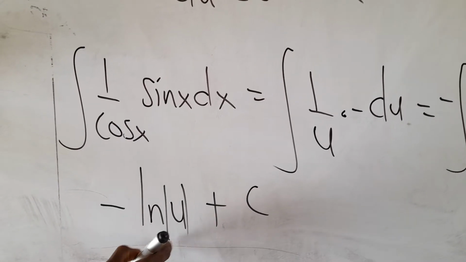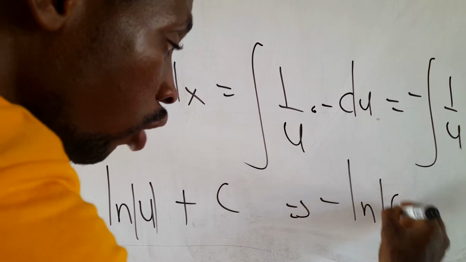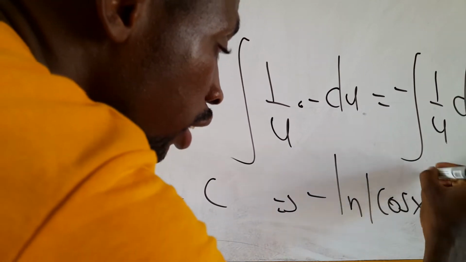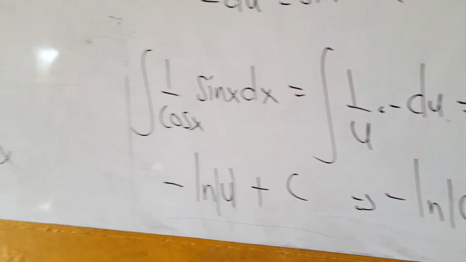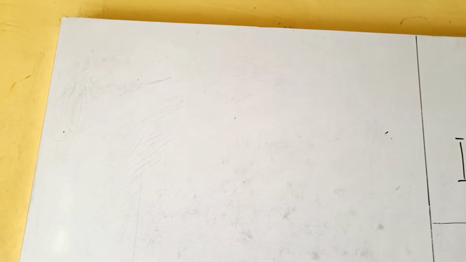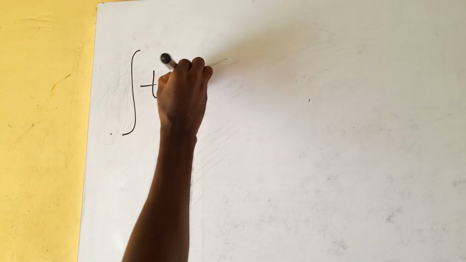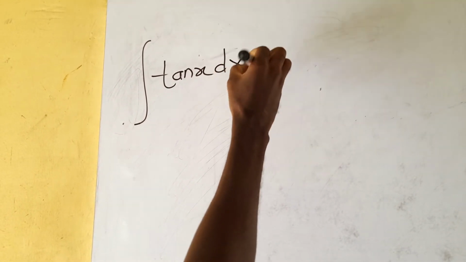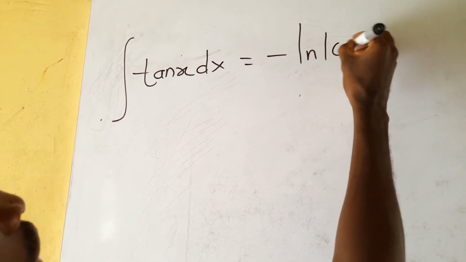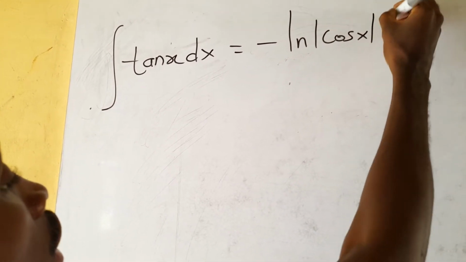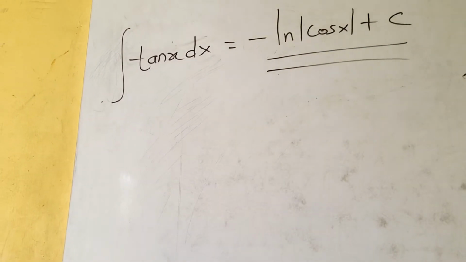So we can rewrite this as negative ln of the absolute value of cos x plus our constant. We can conclude that the integral of tan x dx is equal to negative ln absolute value of cos x plus c. I hope you get that. Please keep it in mind.